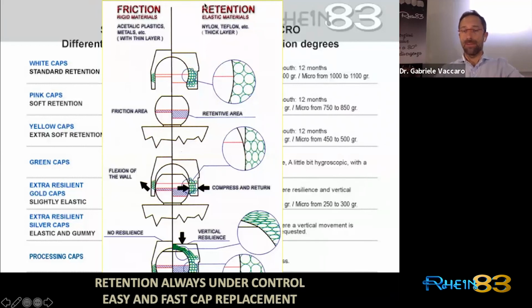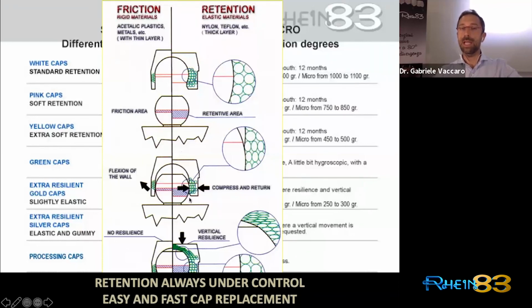Why use a plastic female cap over a metal sphere? It's simple, because a female cap works as an elastic body. This means that an elastic body, made of an elastic material like nylon or Teflon, has a compression area that compresses when it passes right through the equator of the sphere, and then it releases after that.